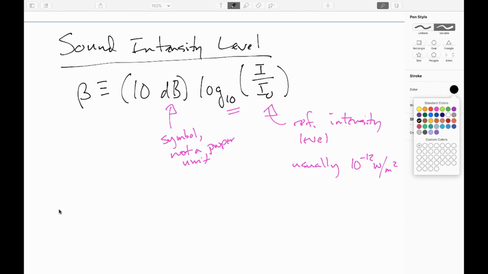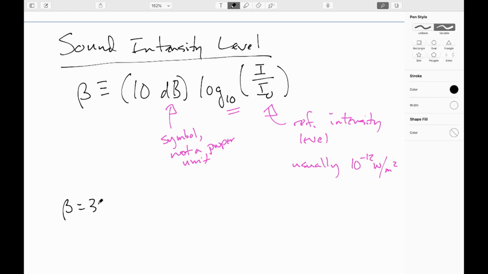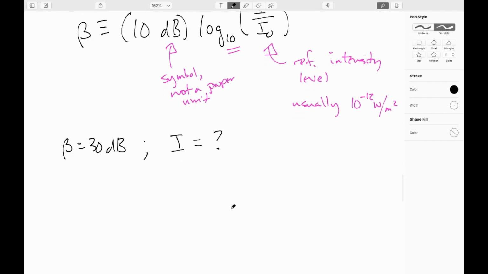So let's say you had a sound intensity level of 30 dB, and you wanted to find what the corresponding sound intensity is in watts per square meter.